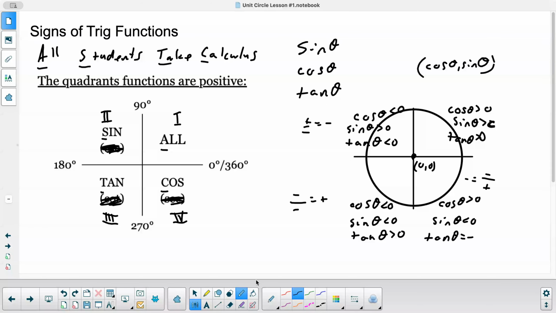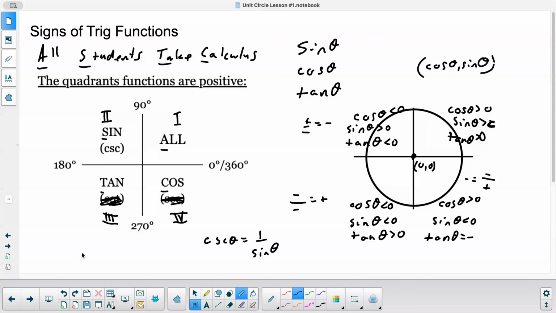But if you remember what we were talking about here on the first slide, cosecant theta is just the reciprocal of sine of theta. So if sine of theta is positive, if I just flip it, I'm not adding any signs or anything, that implies that cosecant will also be positive where the sine is positive, okay?